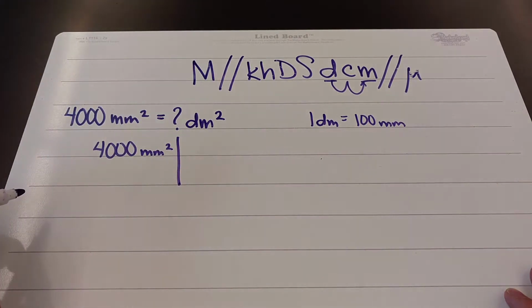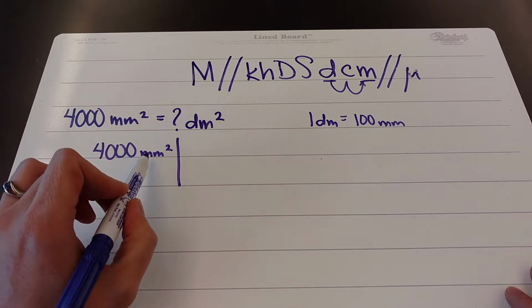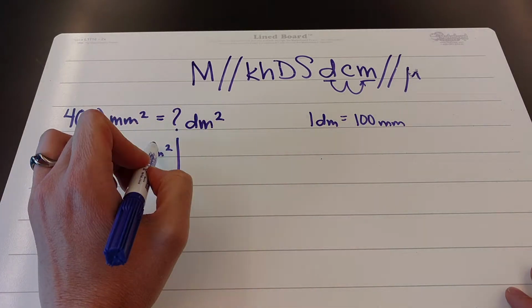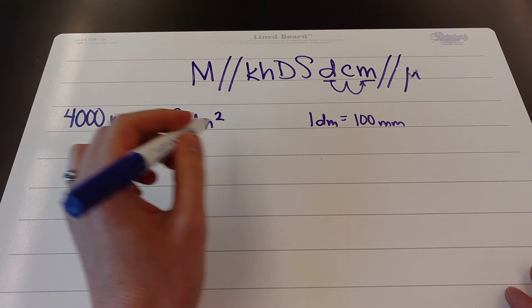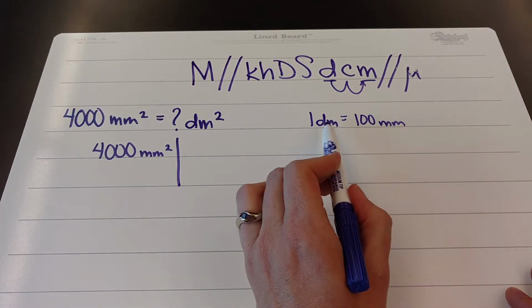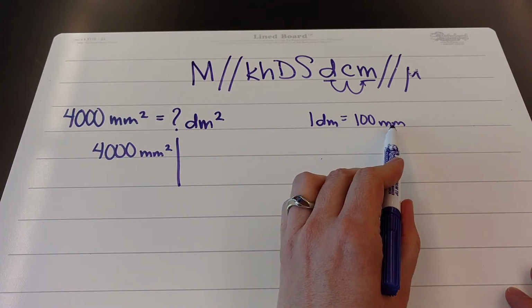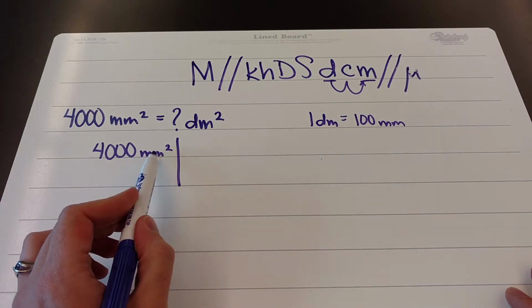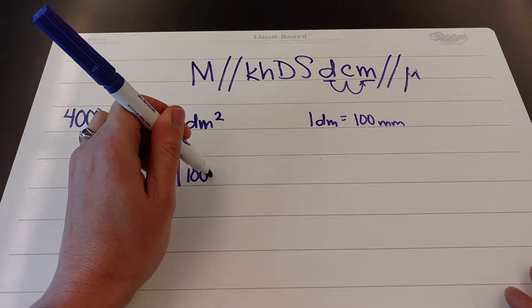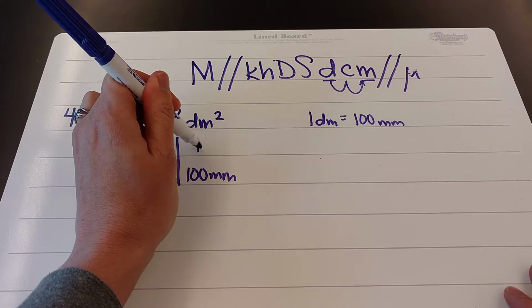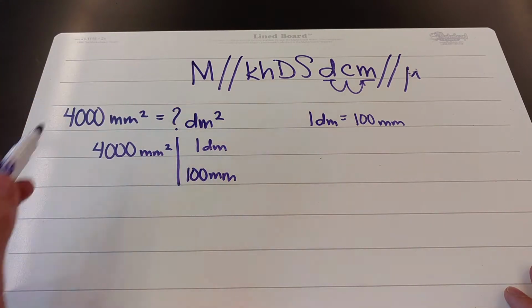Okay, and again, I'm trying to cancel millimeters and get to decimeters, but in this case squared. So where would I put the 100 millimeters? Where am I going to put the 1 decimeter? It's based off of what you want to cancel. I want millimeters to cancel. 100 millimeters then is going to go on the bottom, and 1 decimeter on the top, because those are equivalent.